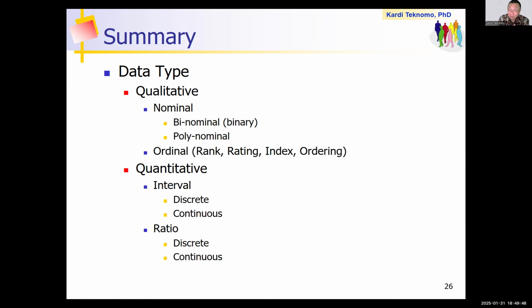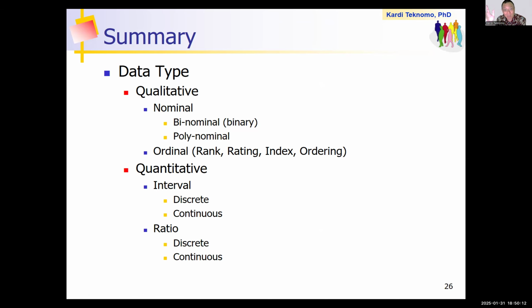Now in machine learning and data science, depending on your output, any data analysis you have input and output, right? If your input and output is qualitative or quantitative or both, it doesn't matter. The input doesn't matter.